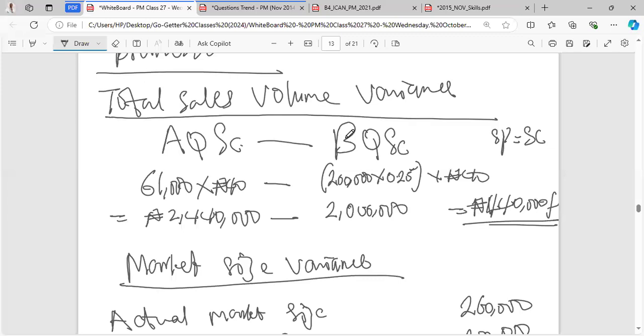The budgeted is from standard. They budgeted to sell 200. That's the budgeted market. The budgeted market size is 200.